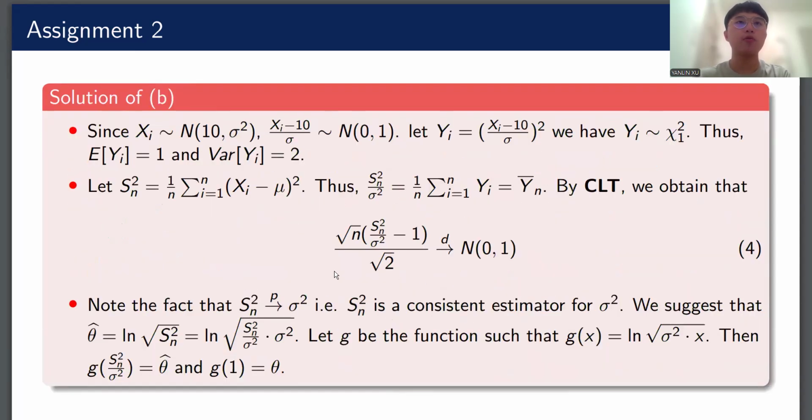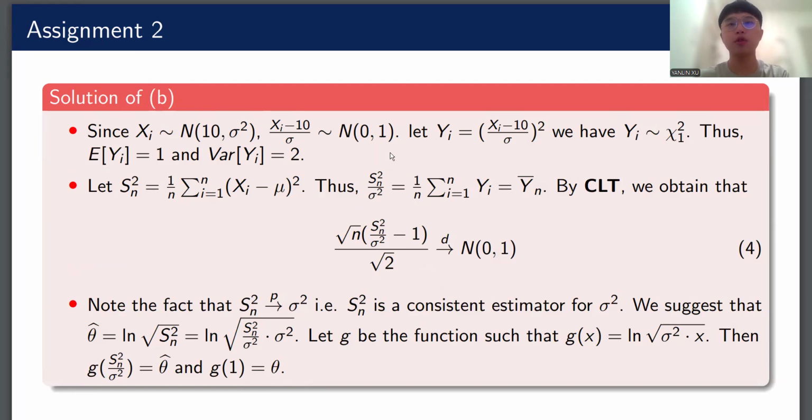We can begin with the fact that xi is from a normal distribution. So by the normal distribution's property, we know that xi minus 10 over sigma, the square root of the variance, is from the standard normal distribution.